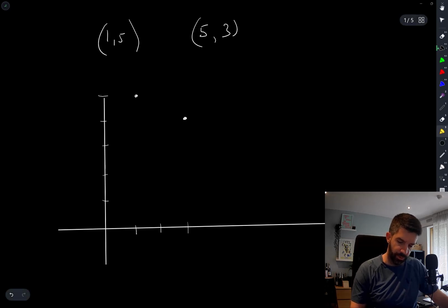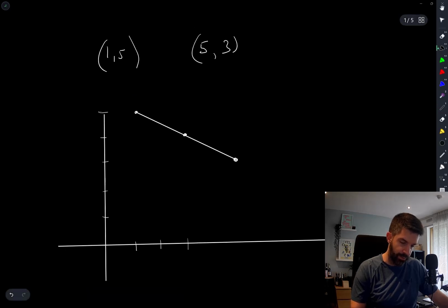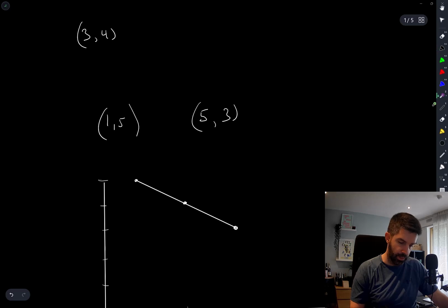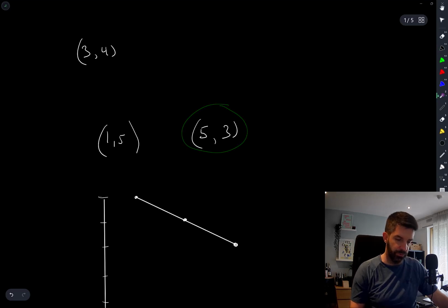I know what I was doing wrong. So that has to be a diagonal. So the first point that I wrote down is correct. And the first point I wrote down was 5, 3?